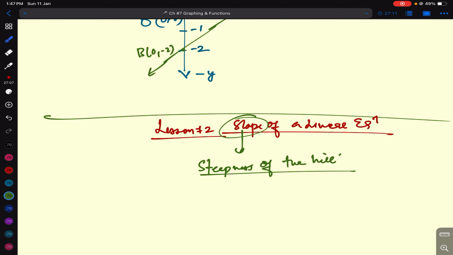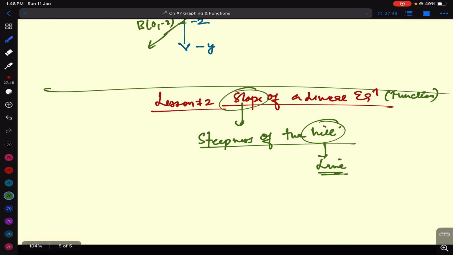Now when it comes to the steepness of the linear equation, or the graph or the function, whatever you want to say, that is exactly the same thing, but instead of a hill, this is going to be the steepness of the line. So when we talk about the steepness of the line, that is what is known as slope.